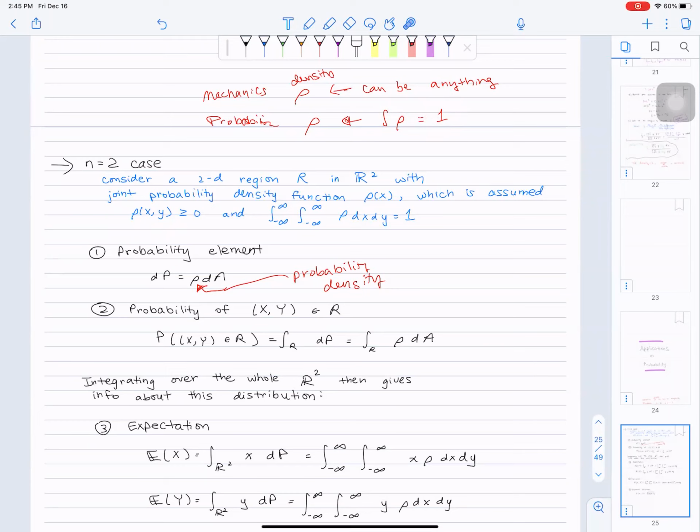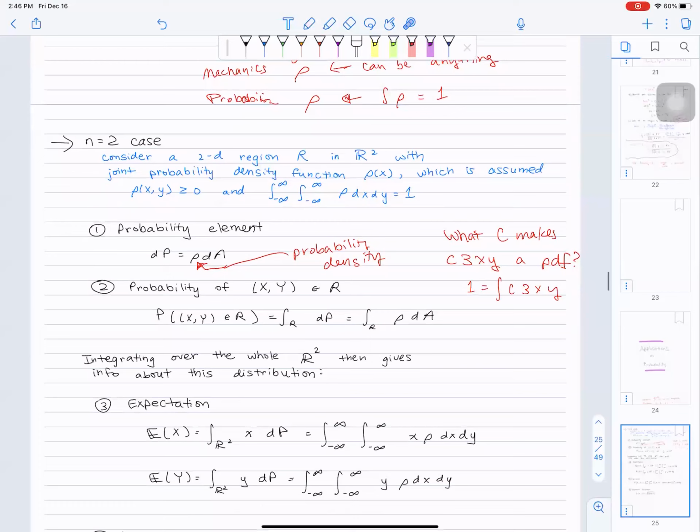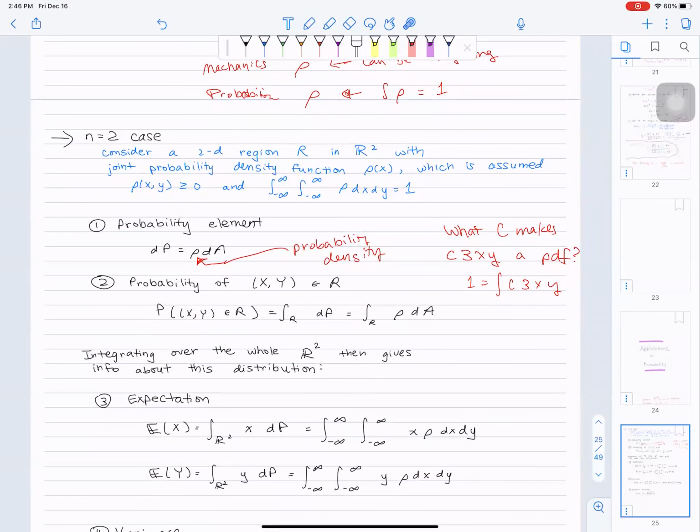And so sometimes you'll have questions like, what constant C makes, I don't know, some random 3cxy a PDF, a probability density function. In order to solve that, you want to integrate it and set it equal to 1 and solve for C. So that's a common question, like what makes it a probability density function?